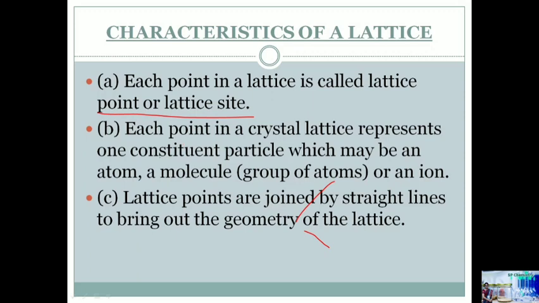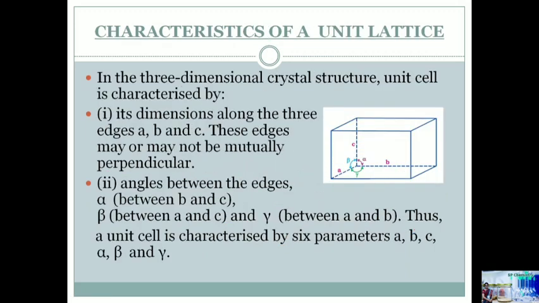One constituent particle, which may be an atom or group of atoms, that is known as a molecule, or an ion. And lattice points are joined by straight lines to bring out the geometry of the lattice. So these are the characteristics of a lattice.